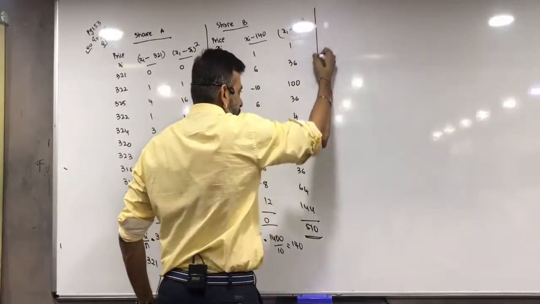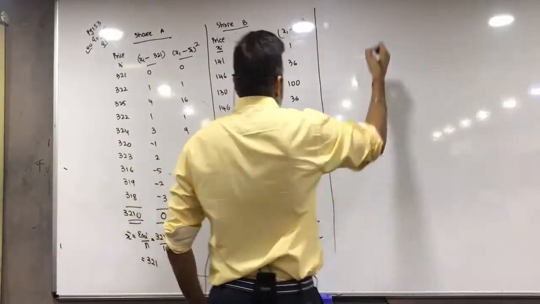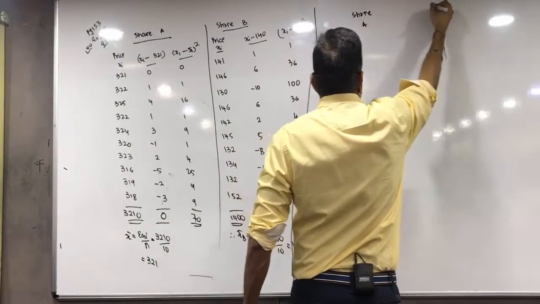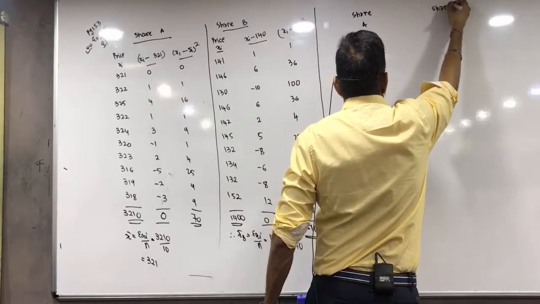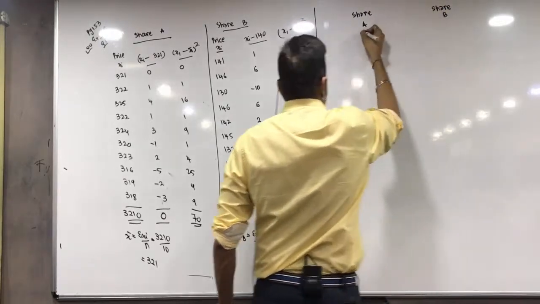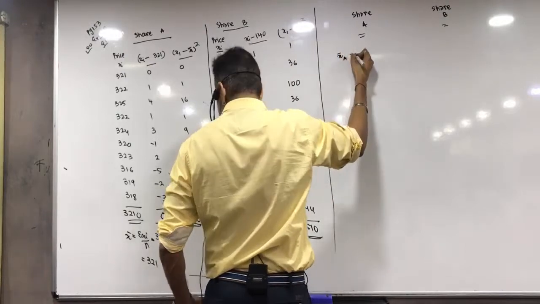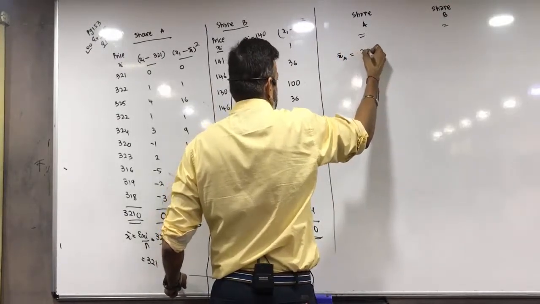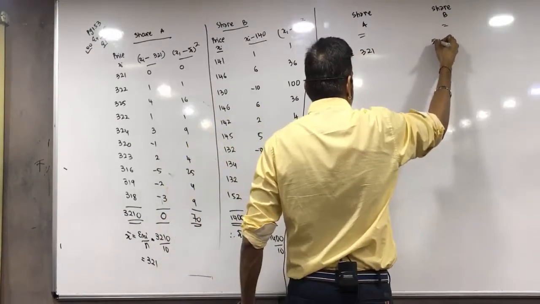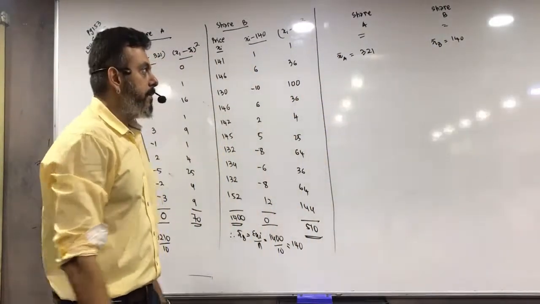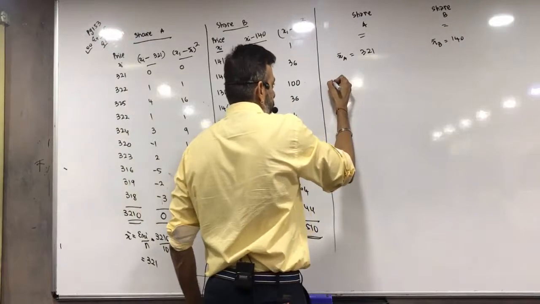Now we have all the information we want. So I divide it: share A, share B. Mean x bar of A is equal to 321, x bar of B is equal to 140. Now we find the standard deviation.